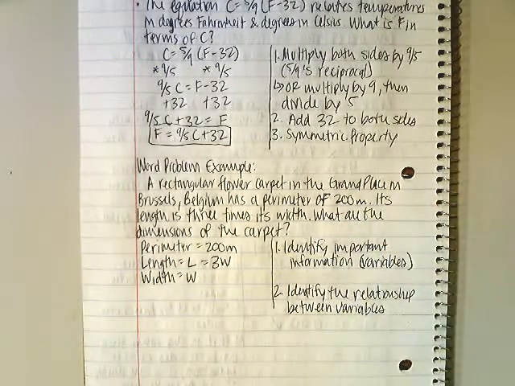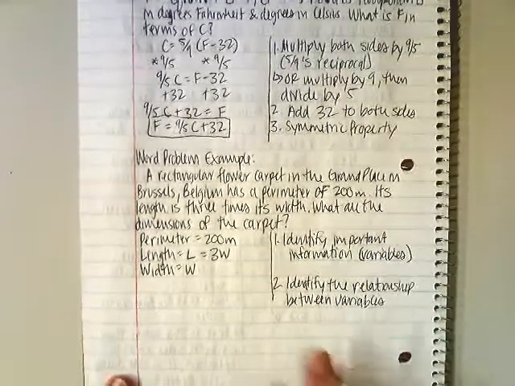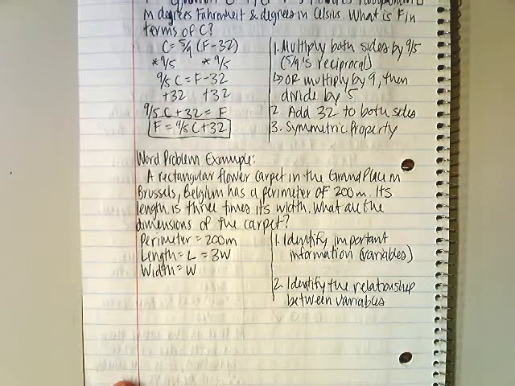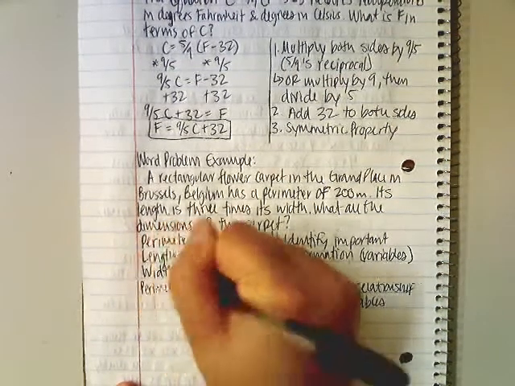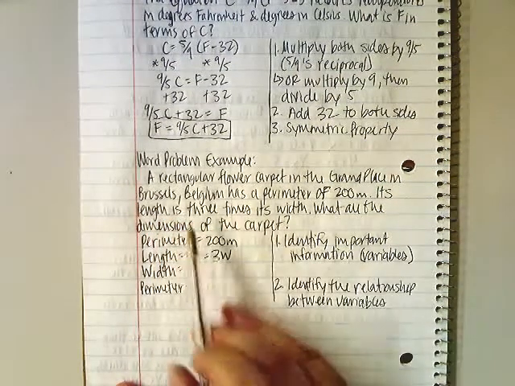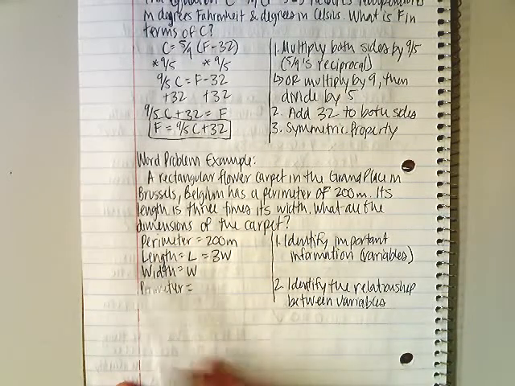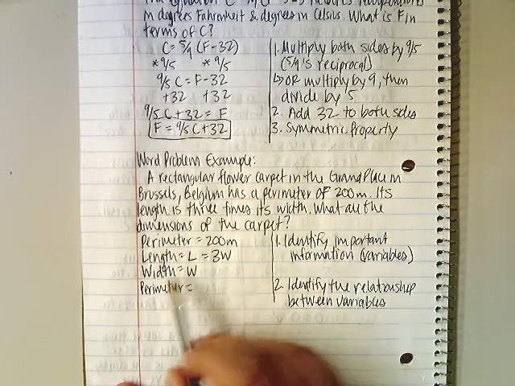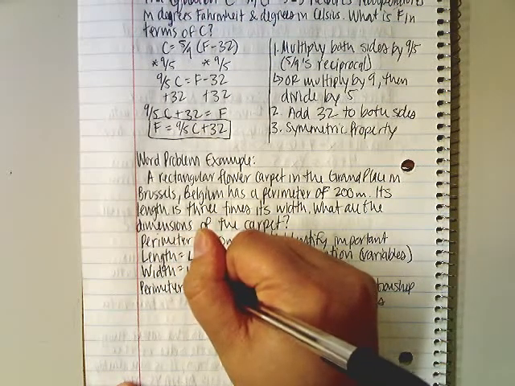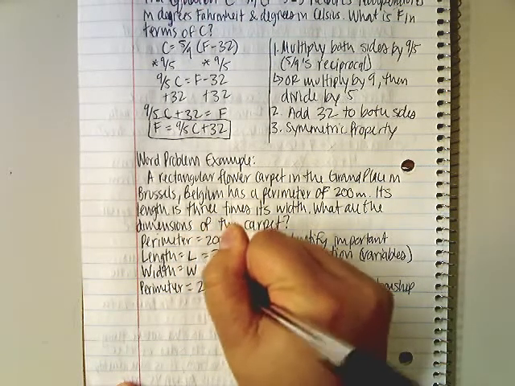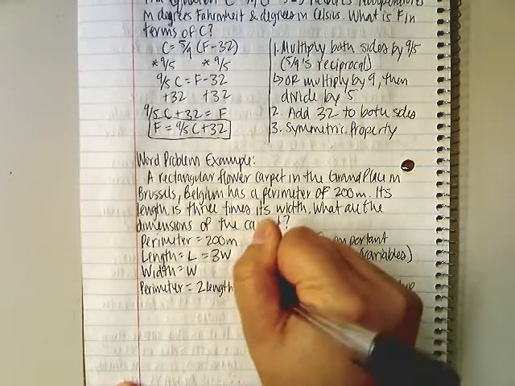So now I'm trying to relate all of these variables together. One thing I know is perimeter is equal to the sum of all the sides. And since a rectangle has 2 sides that are the length that are the same and 2 sides that are the width that are the same, I know it's equal to 2 times the length plus 2 times the width.